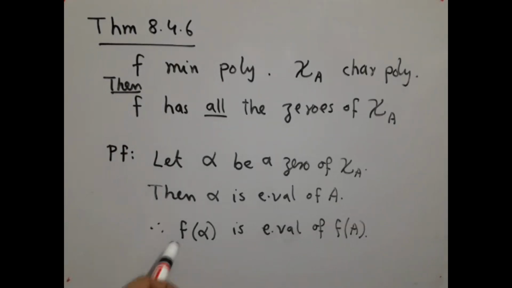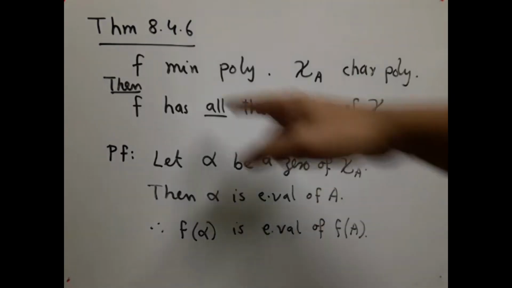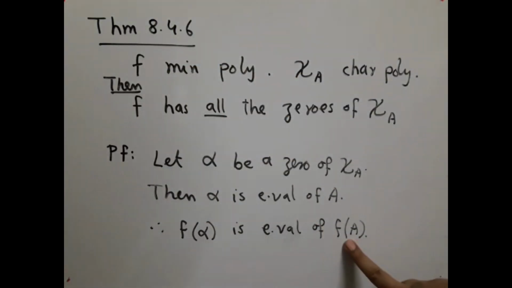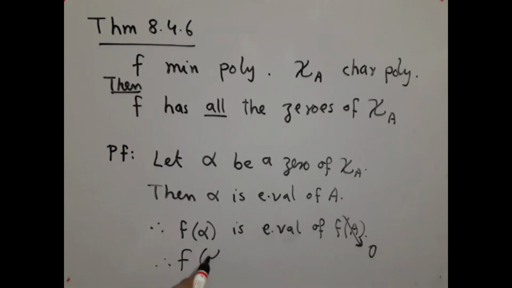So f alpha is an eigenvalue of f A. But what is f A? f A is minimal polynomial, in particular it is an annihilating polynomial. So this is nothing but the 0 matrix. So f alpha is an eigenvalue of the 0 matrix. 0 matrix has only one eigenvalue. So I must have f alpha equal to 0, completing the proof.